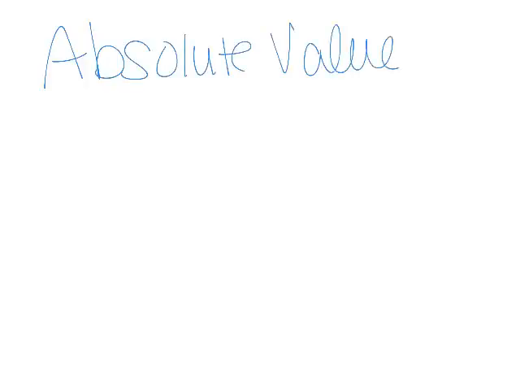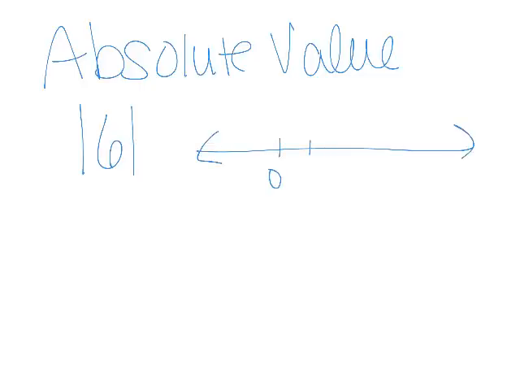All right, so absolute value. Absolute value is the positive distance a number is from 0. So if we have the absolute value of 6, and we use these little bars here. Well, if we had a number line, here's 0, 1, 2, 3, 4, 5, 6.